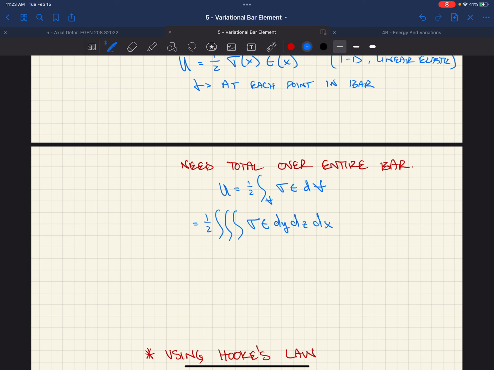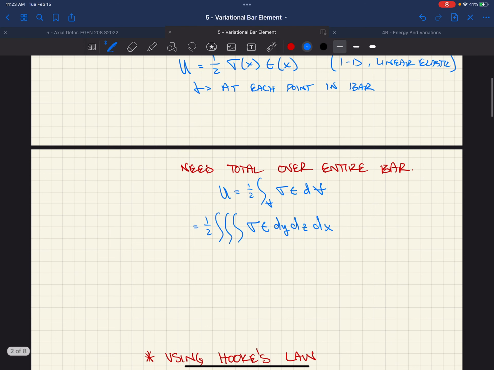Well, 2 of those integrals don't vary with respect to stress and strain. In a bar element, stress and strain only act in the coordinate direction with which we have displacement, which is along the x-axis. So sigma and epsilon do not vary with respect to those 2 coordinate directions.